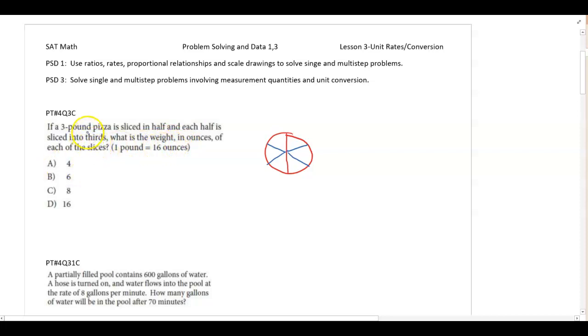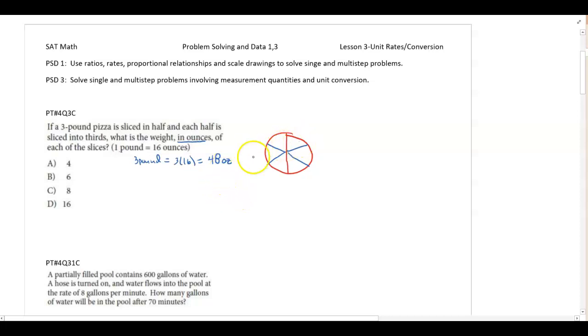Now right away, it's asking for the weight of each piece in ounces, right? So if 1 pound is equal to 16 ounces, the 3-pound pizza altogether would be equivalent to 3 times 16, which is 48 ounces.